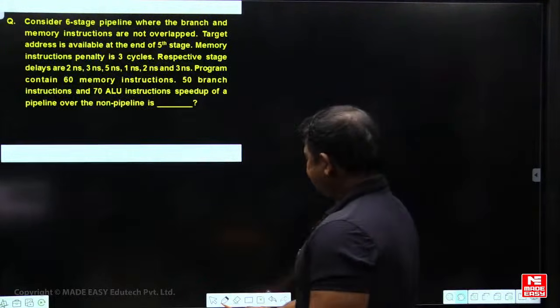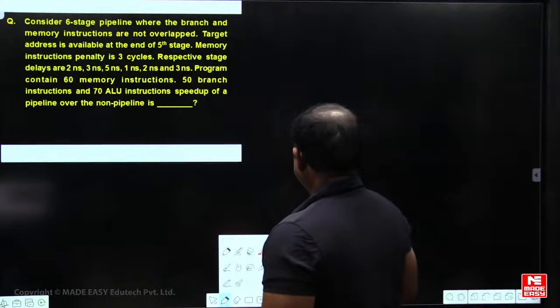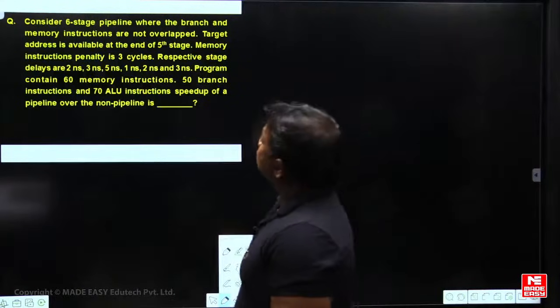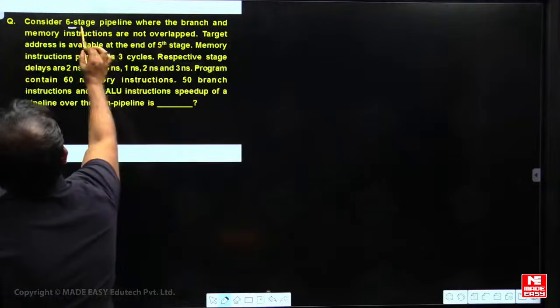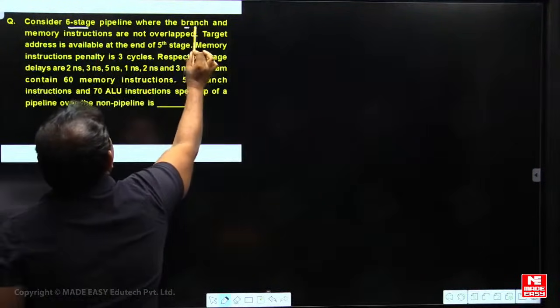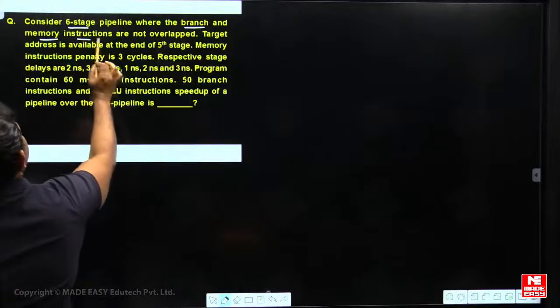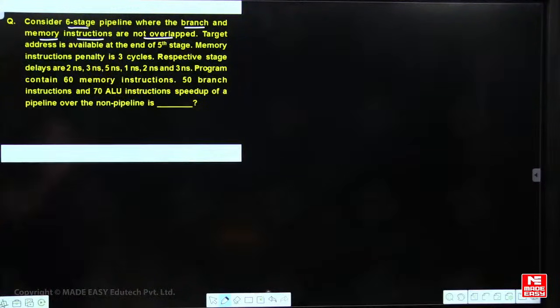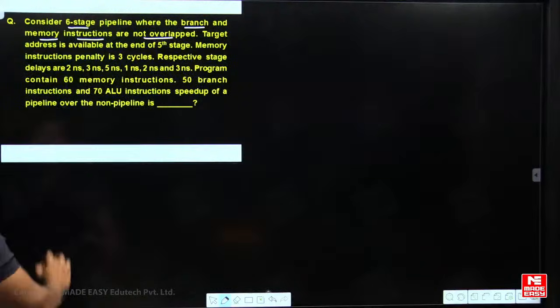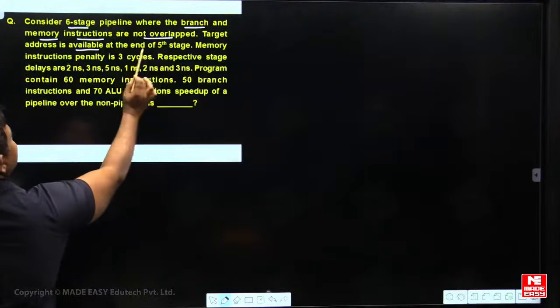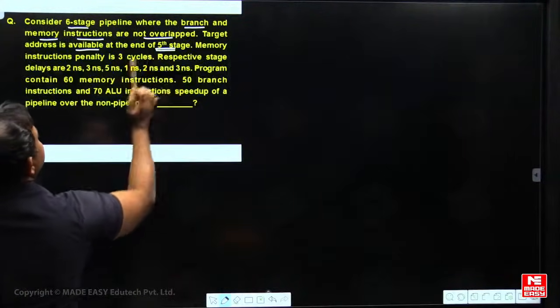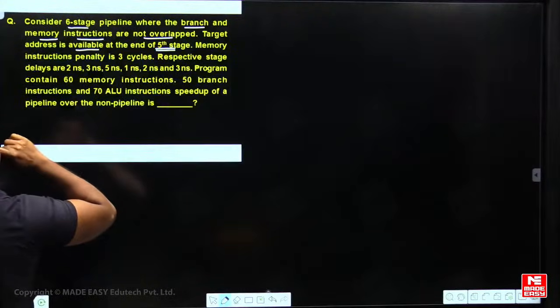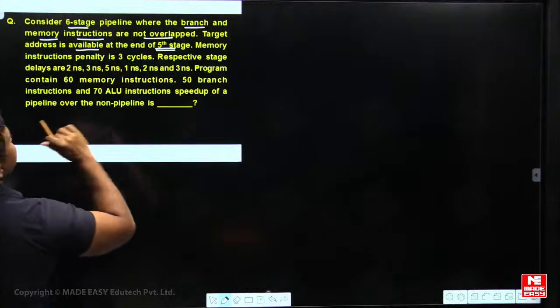See this question. Consider 6-stage pipeline where the branch and memory instructions do not overlap. Branch instructions, memory instructions not overlap. Target address available at the end of 5th stage.